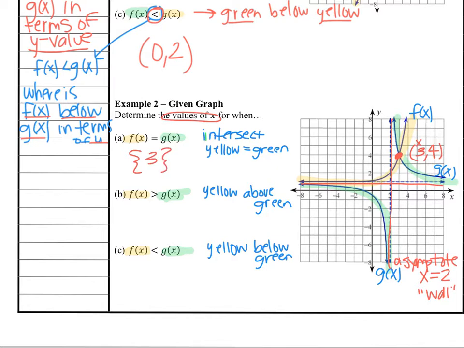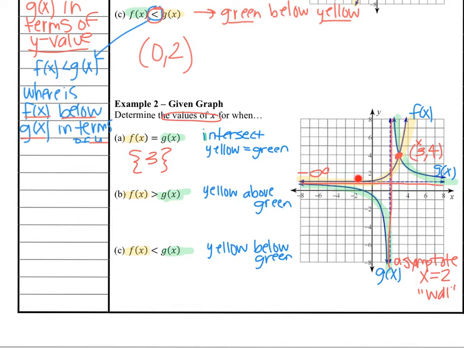Okay? All right, so the next one is where is f of x greater than g of x, or where is the yellow function above the green in terms of the y direction? So the yellow is above the green all the way from here to here, so from negative infinity in the x direction.